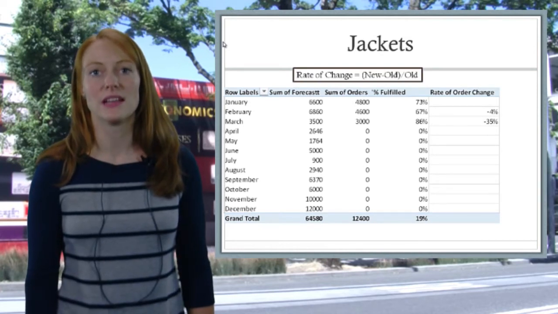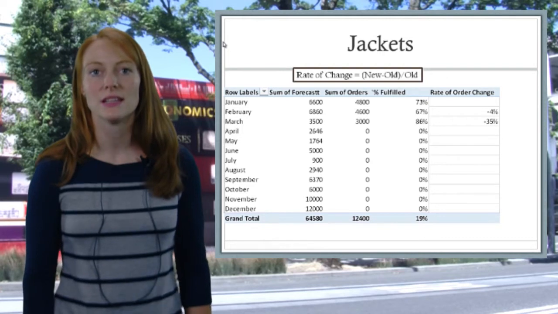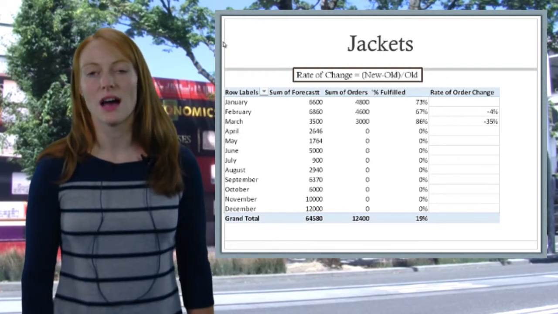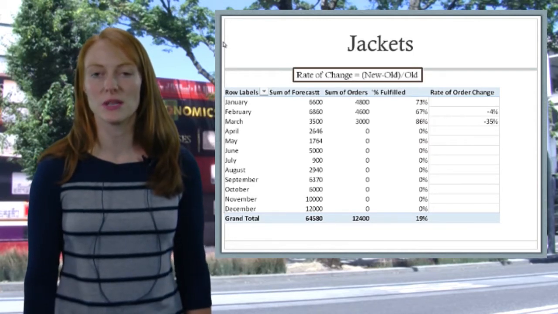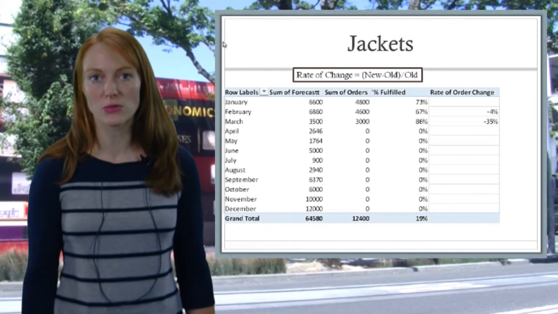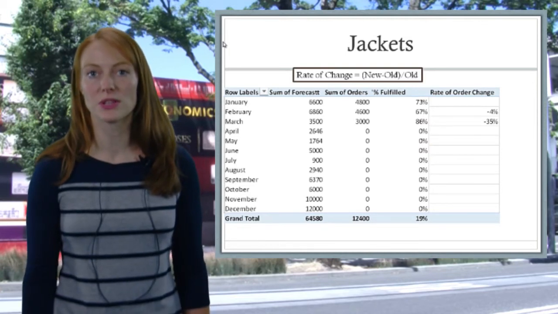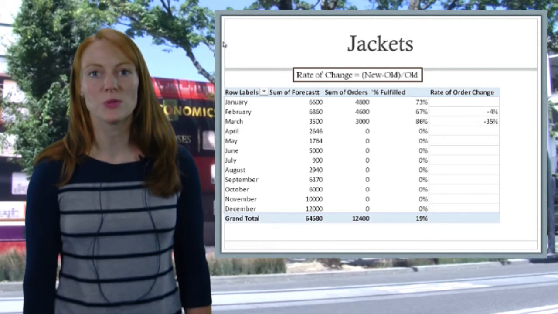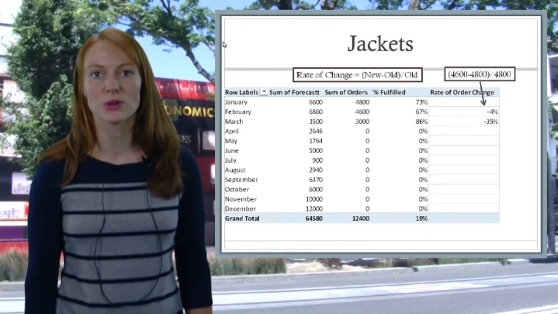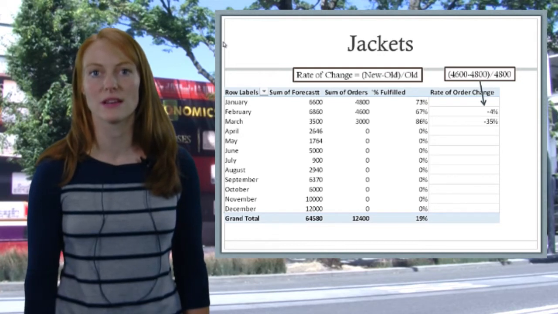Another thing I want to look at is the rate of order change. So how are the orders actually dipping and moving compared to each other? So for this, I'm going to use a rate of change equation, which is always going to be my new month of orders minus my old month of orders, divided by old. So in February, I can see that I have 4,600 minus 4,800 divided by 4,800.